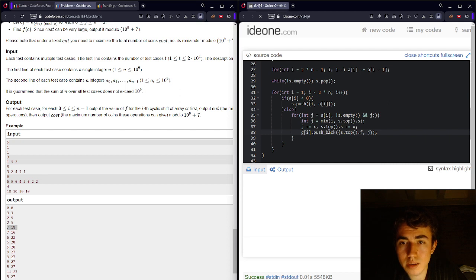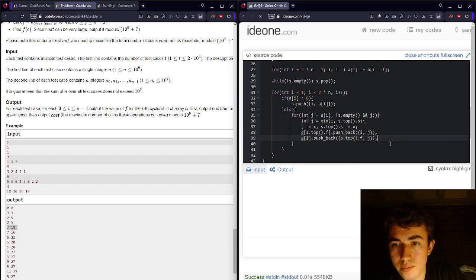G of I, push back. J, G of S dot top, and F, push back. I, comma J, right? So we're just getting the pairs from both ends. Sure.